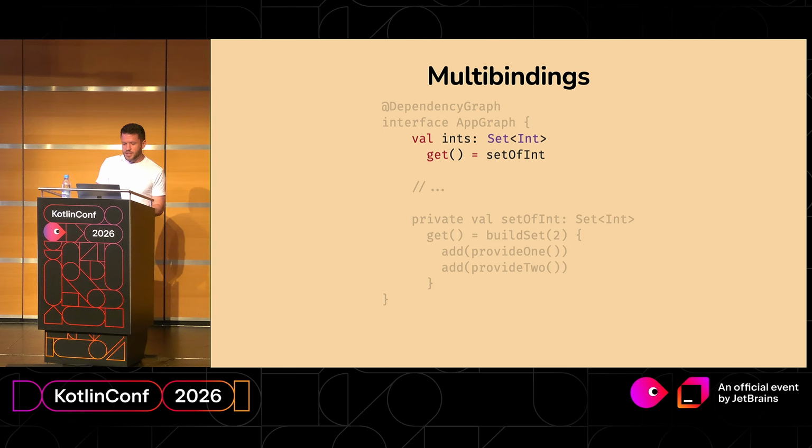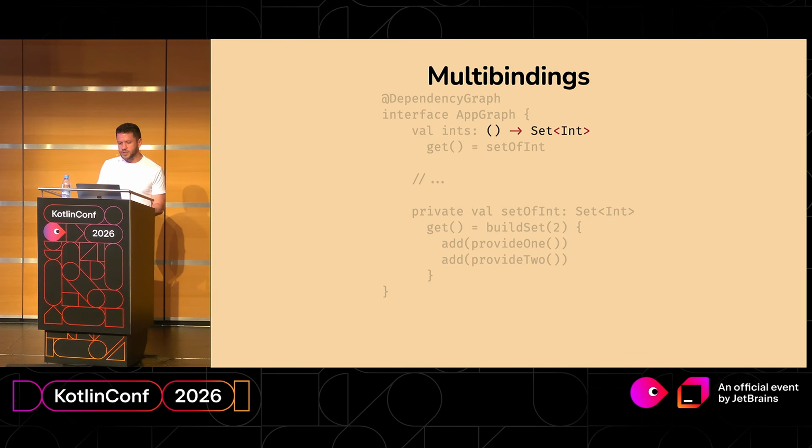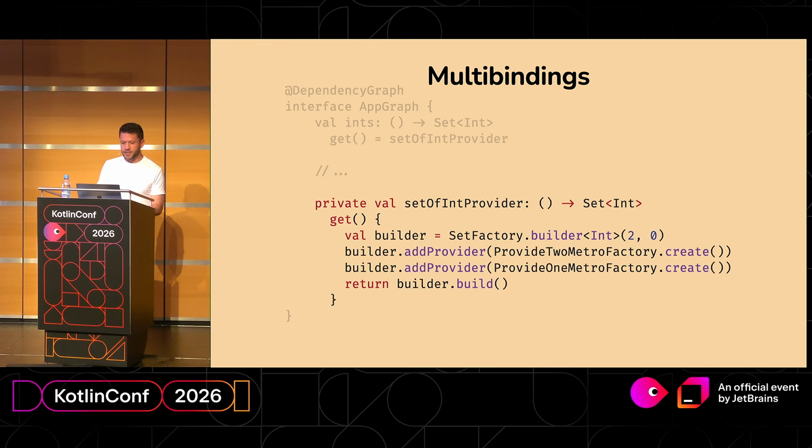If we make this a provider of ints, then we use a different API at runtime called a set factory. So this is just a regular builder API. Set factory is an internal API in Metro's runtime that implements provider of set.